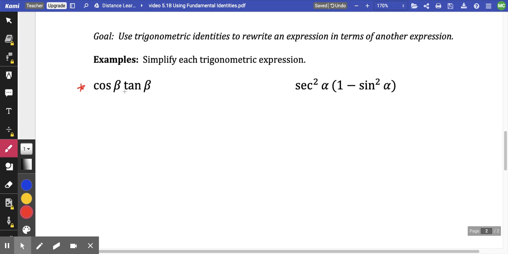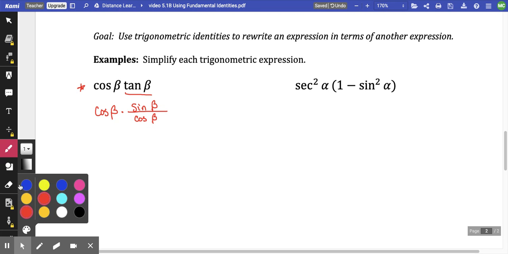So first thing that occurs to me is that I could rewrite tangent with a cosine in it using the quotient identities. So tangent is the same as sine over cosine. So I could rewrite this as sine of beta over cosine of beta.